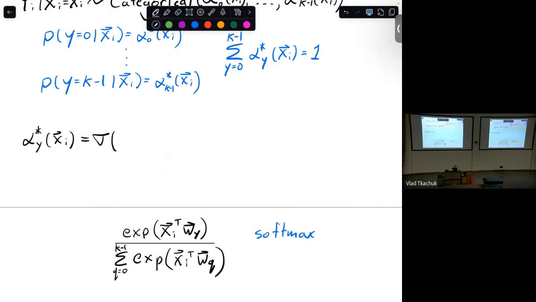So this will be a function that looks like this. It will take in x_i^T w_0 up to x_i^T w_{k-1}. Okay. So unlike the sigmoid function, it takes in k values.